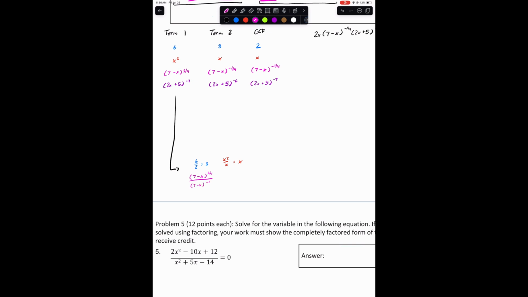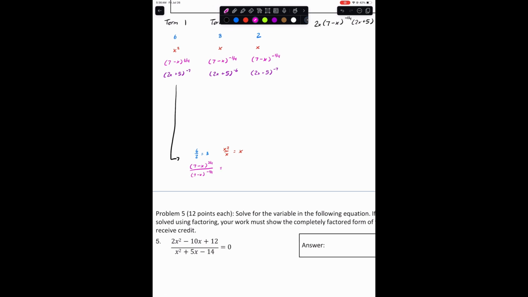And by the way, I'm writing it out just for clarity. You can save yourself some time and just write it out. But 7 minus x, by the division law, is 3/4 minus negative 1/4, which gives me 1, right? So this is just 7 minus x.